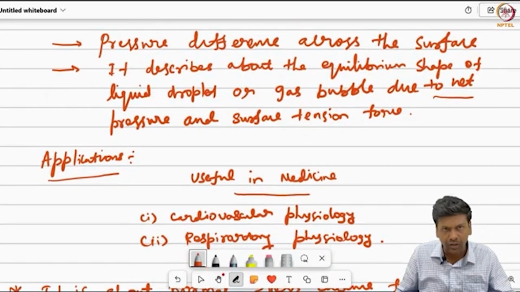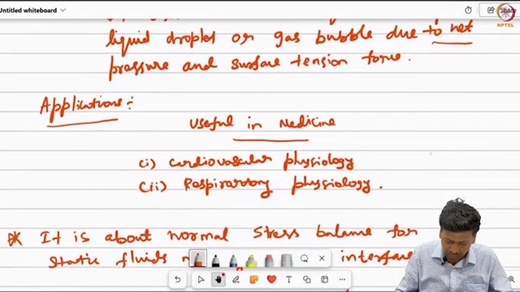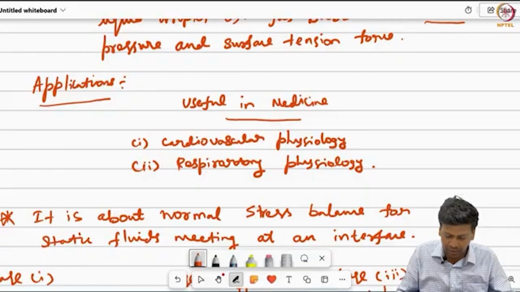So one can list many applications of Young-Laplace, but I have listed a few based on the application in medicine, where the principle of Young-Laplace is applied in the field of cardiovascular physiology or respiratory physiology, right?